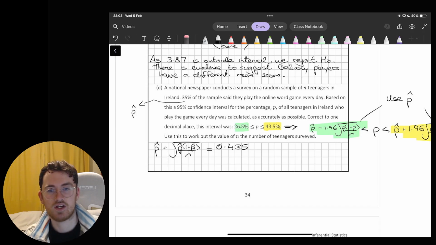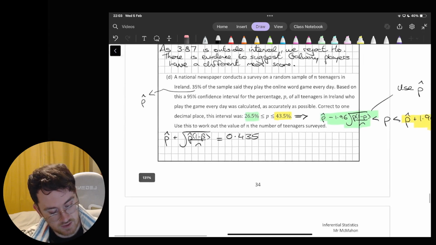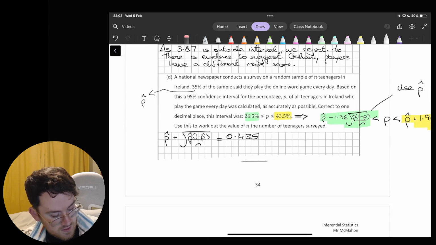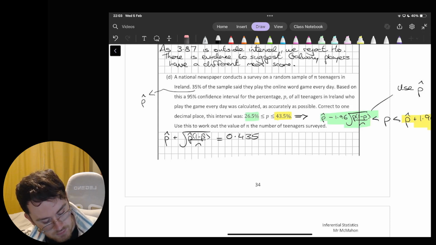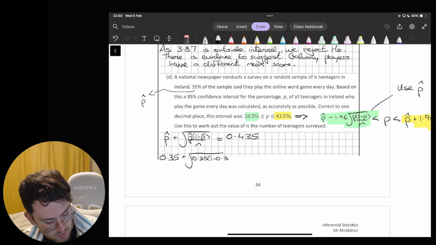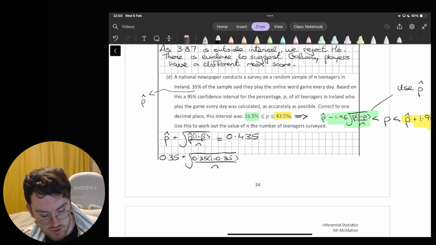Converting to a decimal there, because generally we're working in decimals for these questions. So let's fill in these values. 0.35 plus the square root of 0.35 times 1 minus 0.35, all over N, which is the sample of N teenagers, because that's what we're trying to calculate, is equal to 0.435.